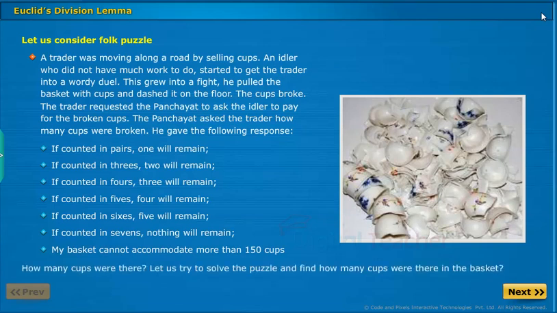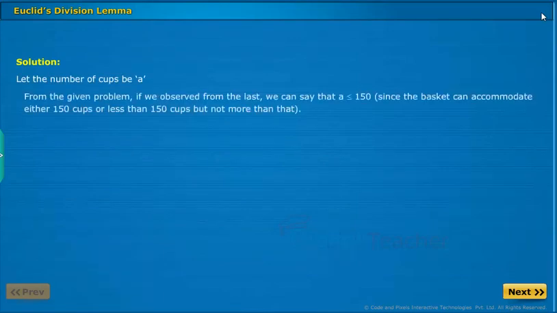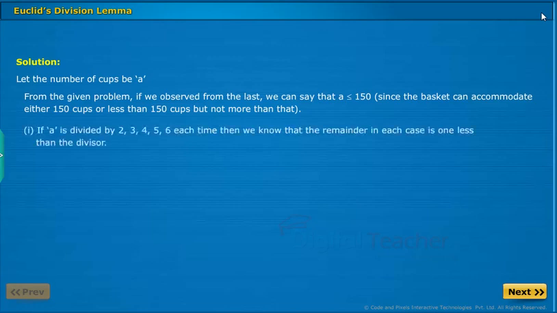Let us try to solve the puzzle and find how many cups were there in the basket. Solution. Let the number of cups be A. From the given problem, if we observe it from the last, we can say that A is less than or equal to 150, since the basket can accommodate either 150 cups or fewer, but not more than that. 1.